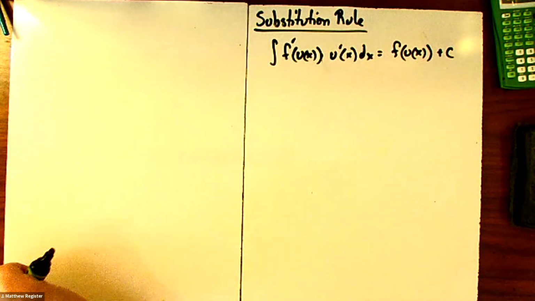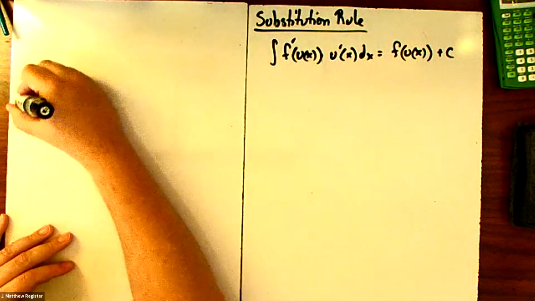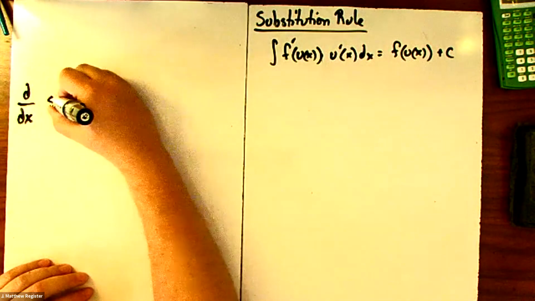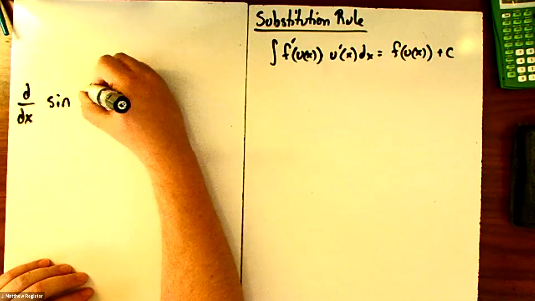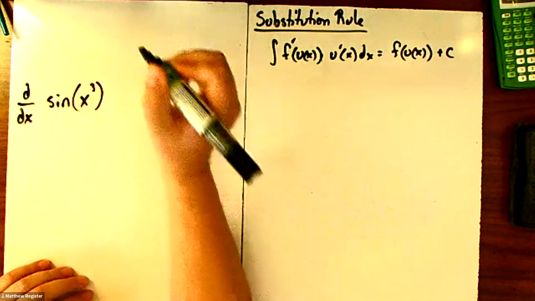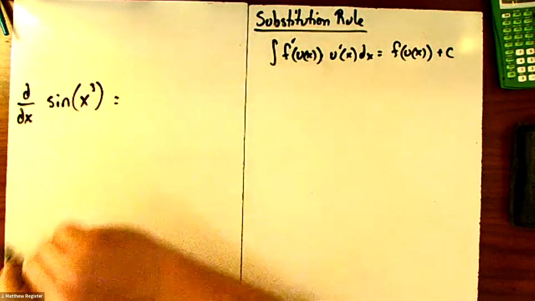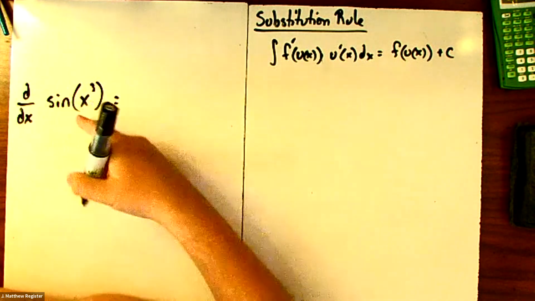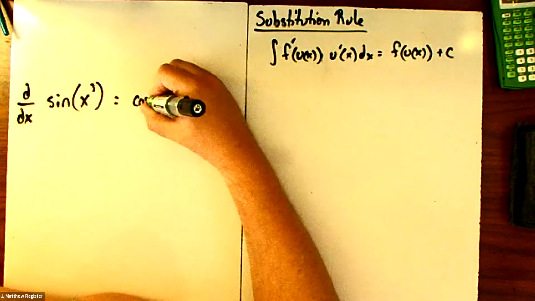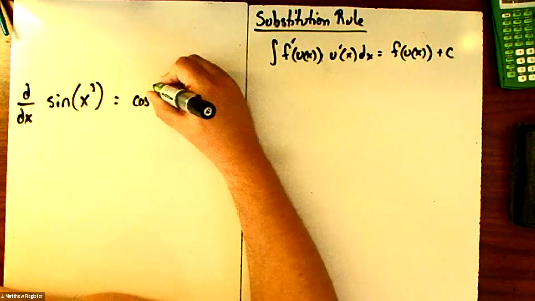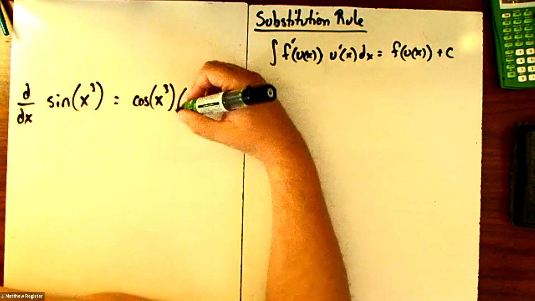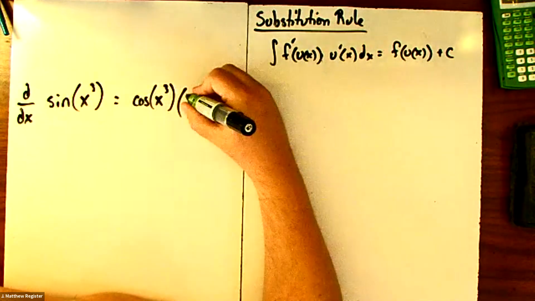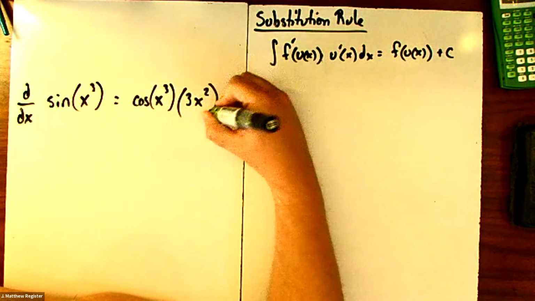Let's take the derivative d dx of, how about sine of x to the third power? Well, if we take the derivative of sine of x cubed, we would do the cosine of x to the third, and then we would have to multiply it by the derivative of that inside part, the derivative of x cubed, which is 3x squared.